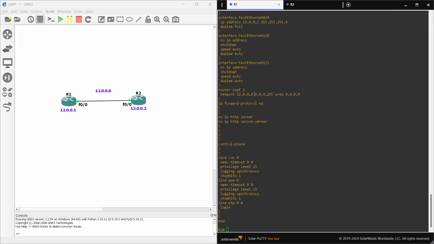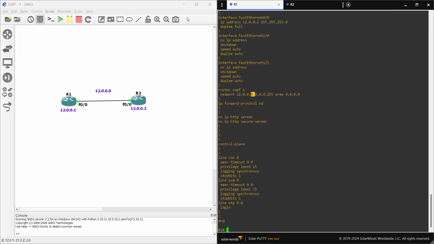Okay, this is the host part, right? So it gave all the hosts OSPF. It enabled every host with OSPF. So this is how we received OSPF on this port, right?